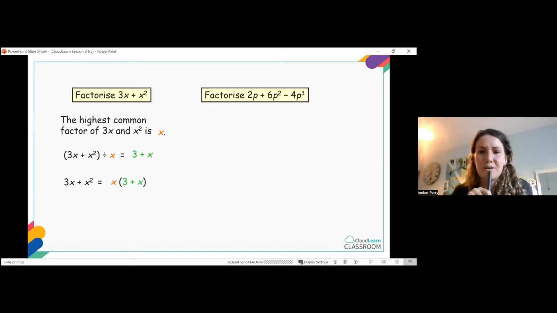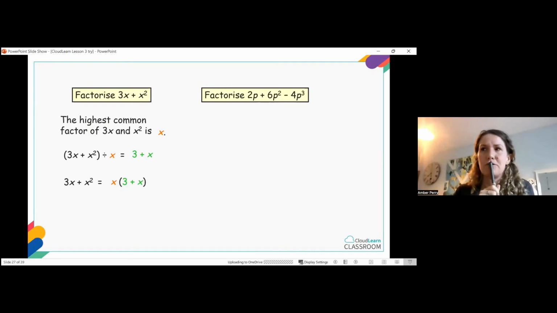And sometimes you'll have it where you've got more than two terms within your expression. So we're looking for a common factor here of 2p plus 6p squared minus 4p cubed. Anyone want to write in the... Okay, great, almost. I've got p so far in the chat, which is a factor. It's not the highest common factor. Have a look at the numbers as well.